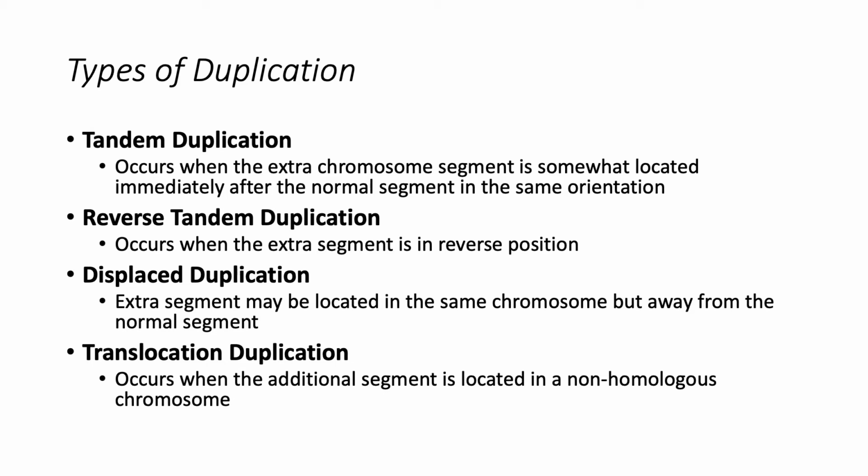When the gene sequence in the extra segment of the tandem is in the reverse position, it is known as reverse tandem duplication. Sometimes, the extra segment may be located in the same chromosome but away from the normal segment, and this is known as displaced duplication. Translocation duplication, on the other hand, occurs when the additional segment is located in a non-homologous chromosome.